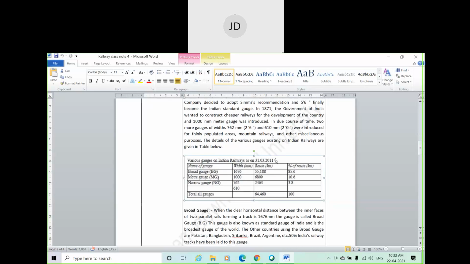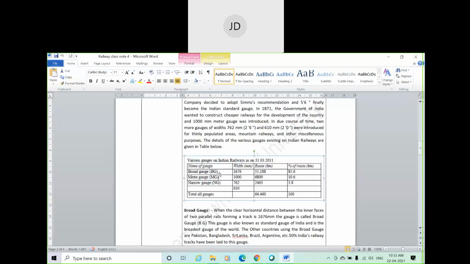So in India we have three gauges: broad gauge, meter gauge and narrow gauge, that is BG, MG, NG. Even on the railway track it may be written whether the particular track is broad gauge, meter gauge, or narrow gauge. You can also check.